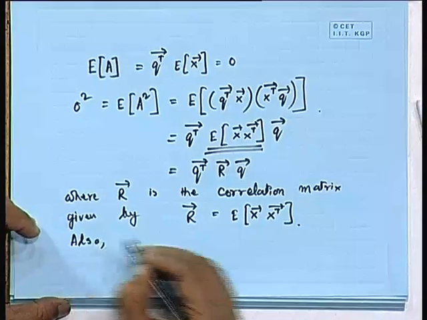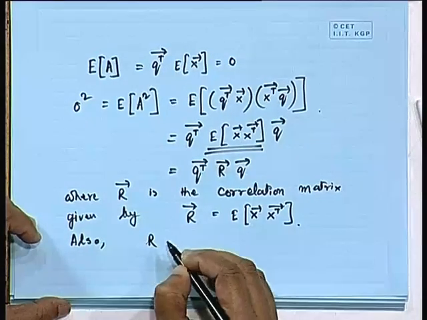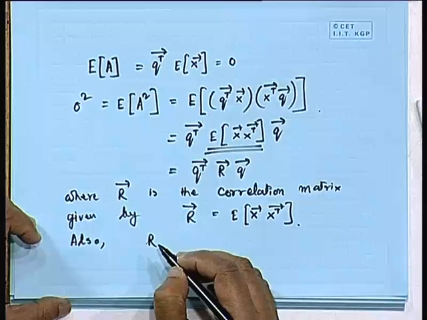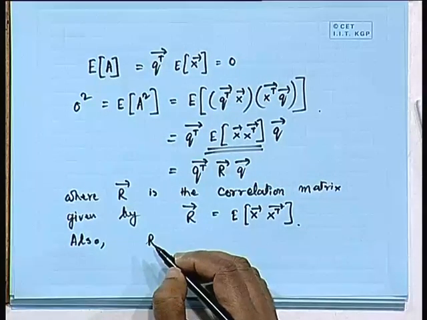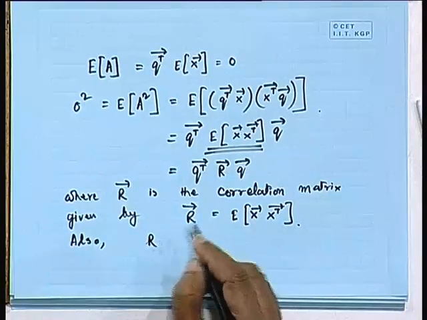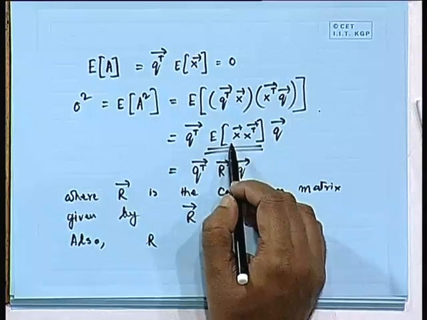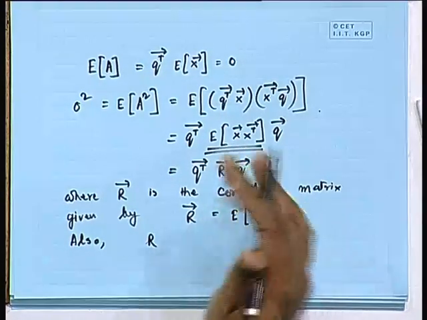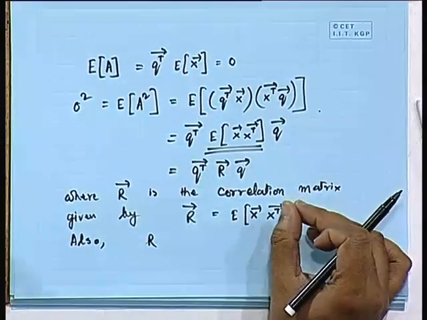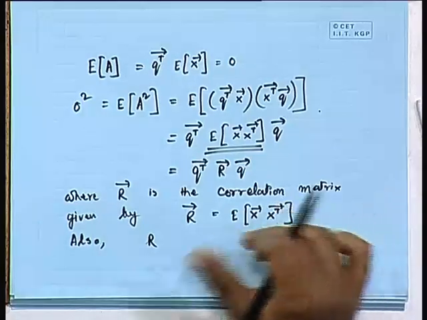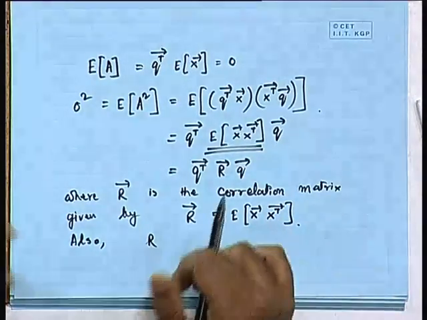Also, we note here that this correlation matrix, okay, will be obviously symmetric, right, because you are taking the same vector x and x transpose. X transpose is the different way of writing the x vector only. So, you are having absolutely symmetrical terms.